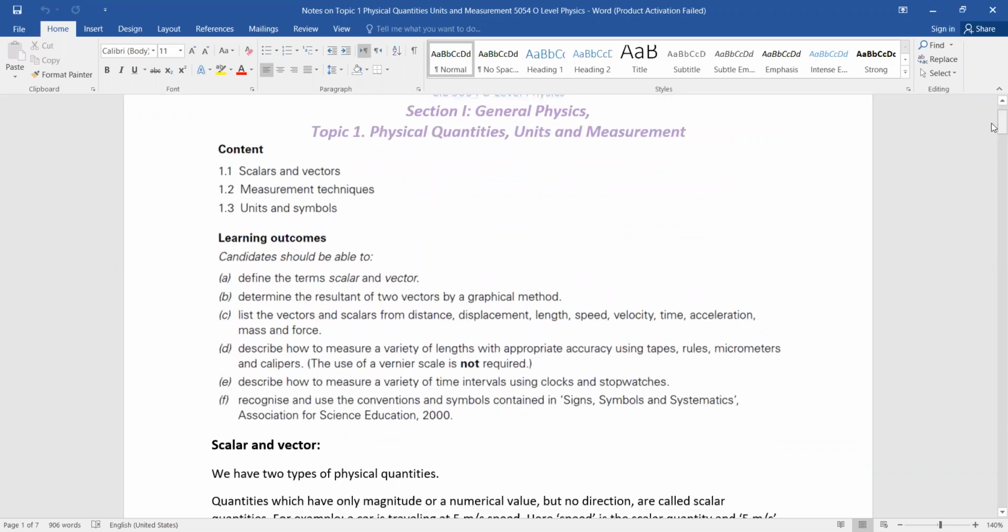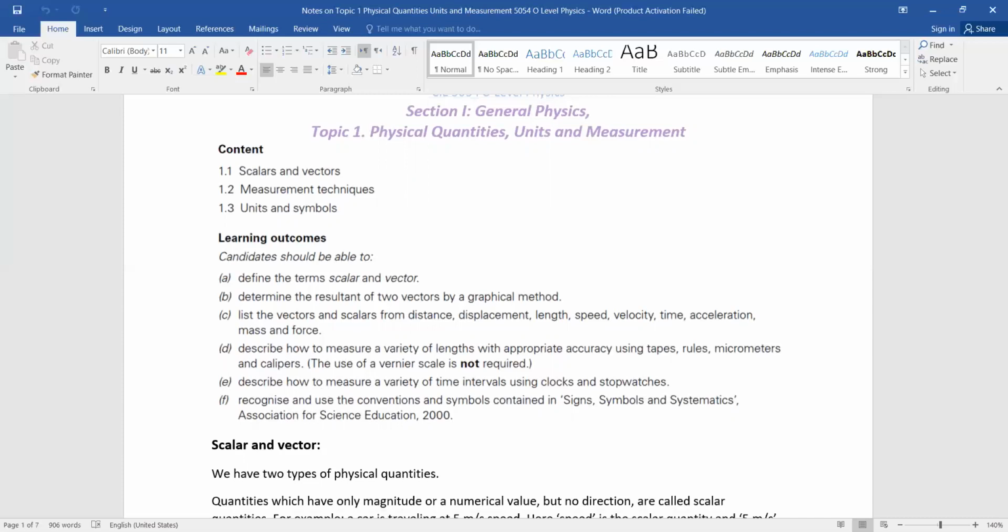Here you see the first topic contents and learning outcomes. Can you see the screen? It's showing on your screen. What are you seeing?